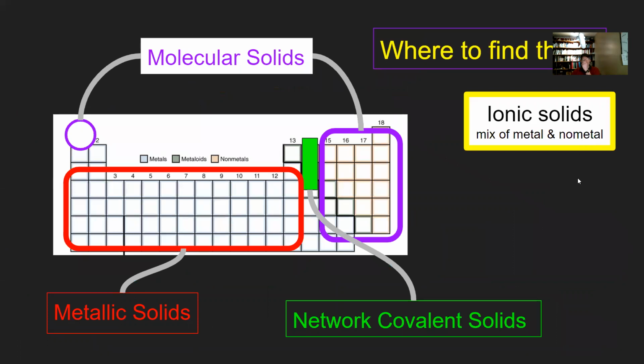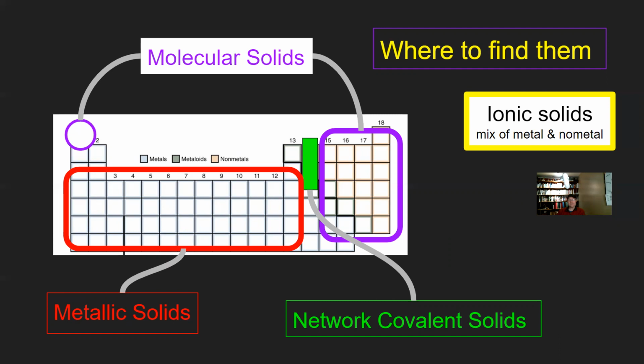Where to find each of those, we just looked at a moment ago, but again, if you need to copy this down: the molecular solids are made up of molecules that are made up of two or more non-metals connected together by covalent bonds, but their molecules are attracted by intermolecular forces. Metallic solids are where metals are attracted to other atoms of metal, with metal ions held together in a sea of valence electrons that are not tightly held by any individual atom.